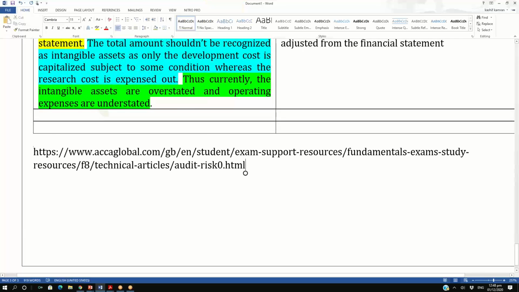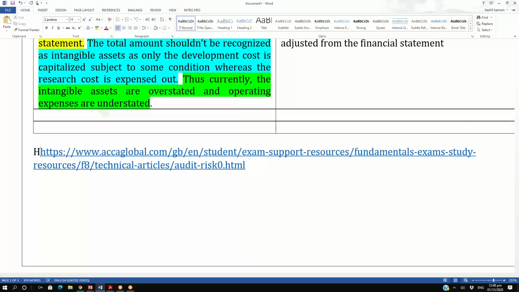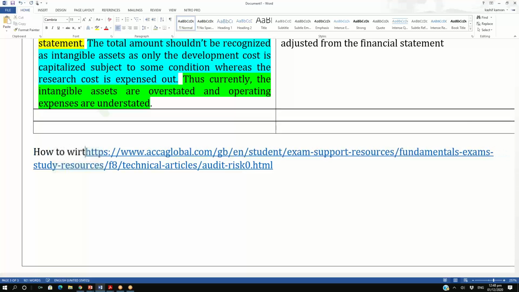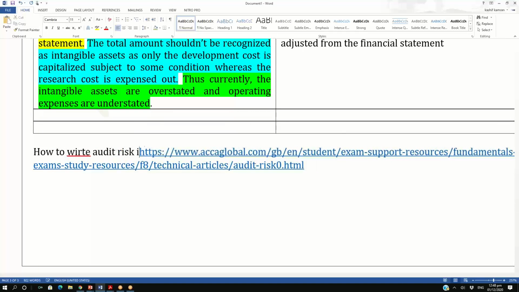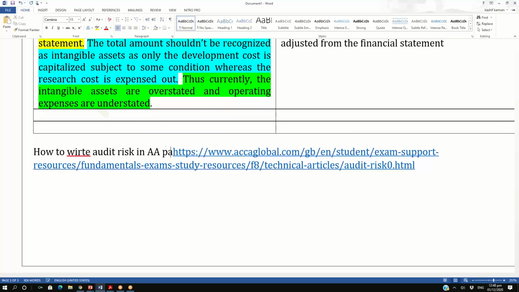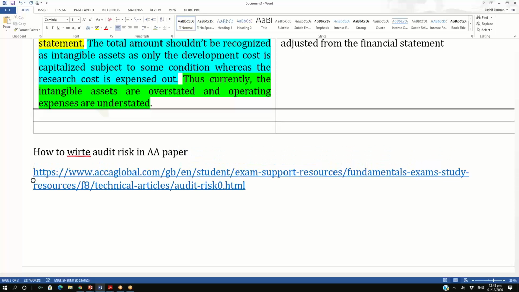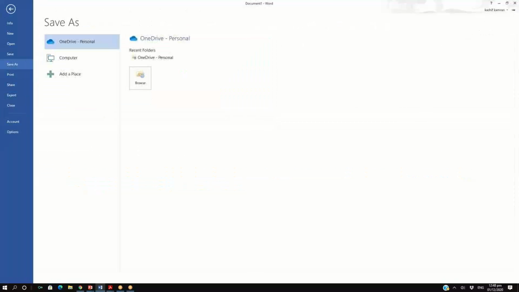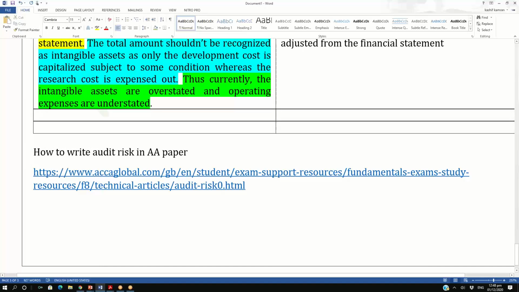So you can just read this for a very good way of writing the audit risk. How to write audit risk in the AA paper. Please ensure that you read this hyperlink. This is wonderful and that can be very good for you.